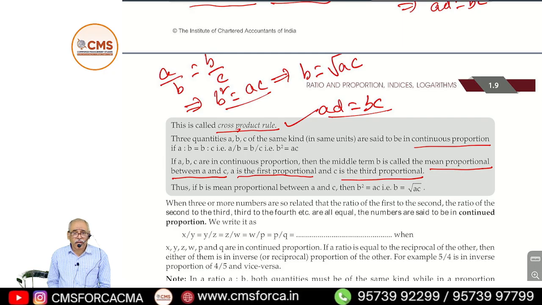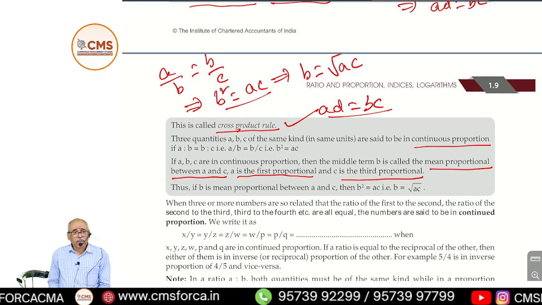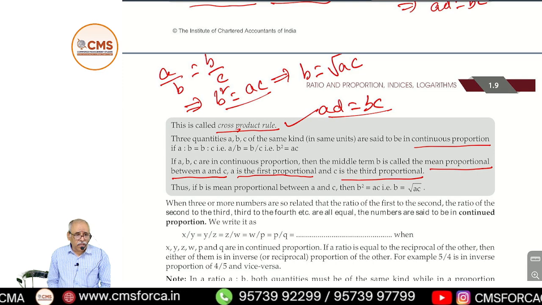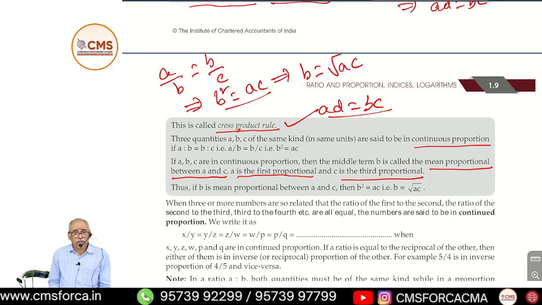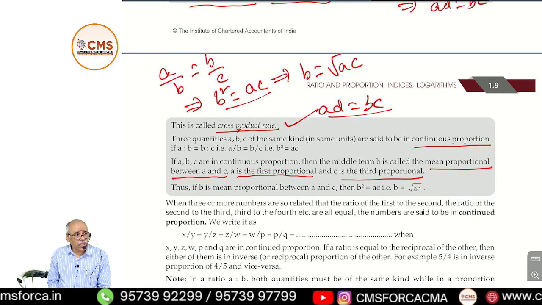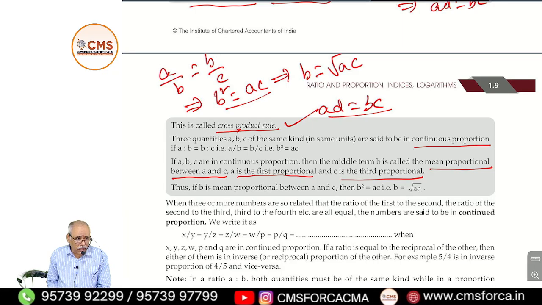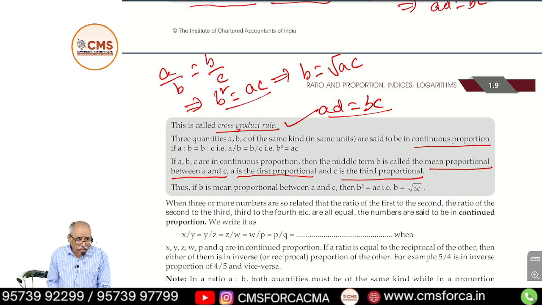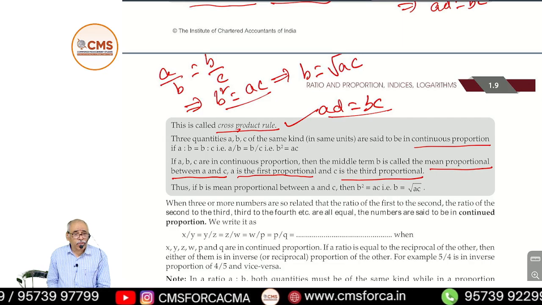Try to understand. If A, B, C are of same kind, three are of same kind, if A is to B equal to B is to C, or A by B equal to B by C, then we say that A, B, C are in continuous proportion.